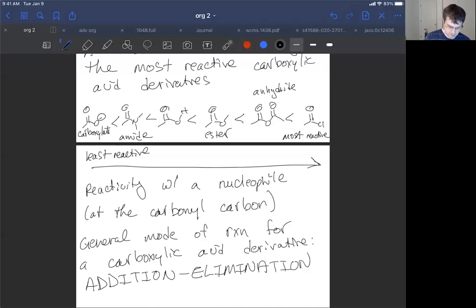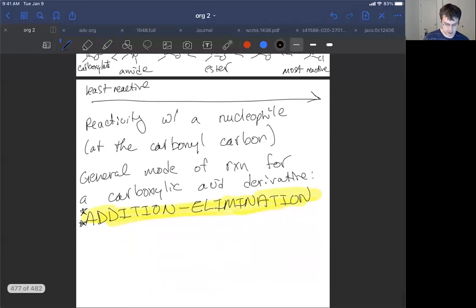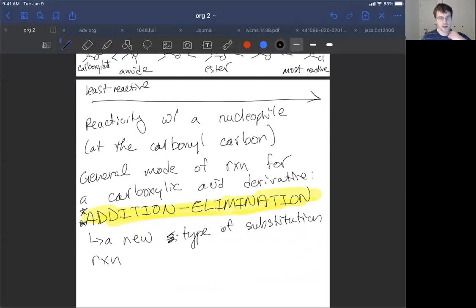Now, put stars next to that, all capital, highlight it. I need a really big highlighter. There we go. Big time. Okay, addition elimination. Now, the reason why I want to literally highlight that is that it's a new type of substitution reaction. So we have a new type of substitution reaction on our hands.